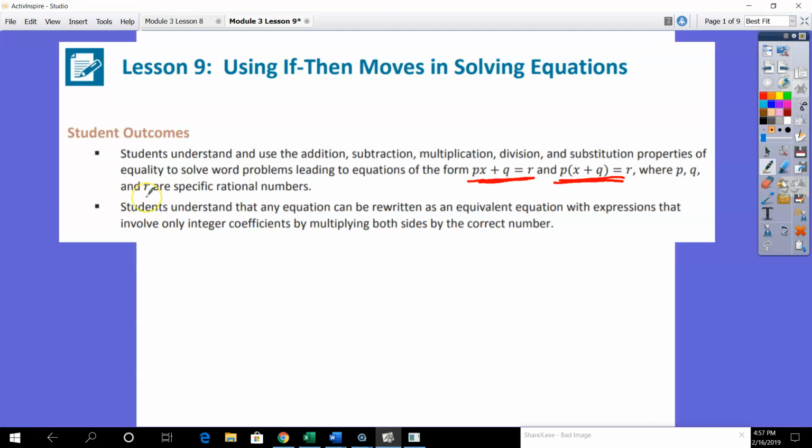And all of those variables have specific rational numbers. You will also be seeing that you can rewrite an equivalent equation that only has integer coefficients by multiplying both sides by the correct number. And so we're going to talk about the correct number.